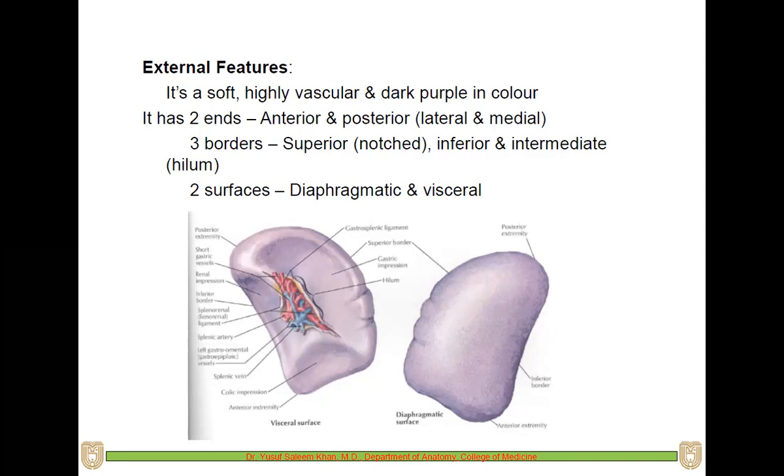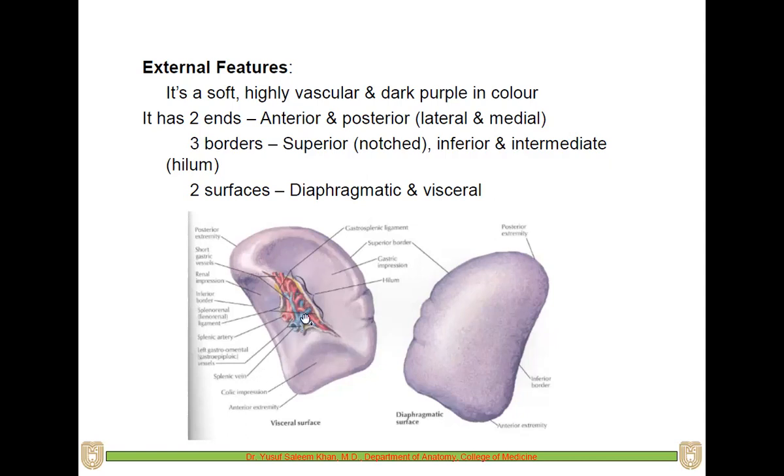Then it has two surfaces. The surface where it is in contact with the organs is called the visceral surface, and the smooth surface which will be behind, in contact with the diaphragm, is called the diaphragmatic surface, which will be convex and smooth, and the visceral surface will be rough, irregular.